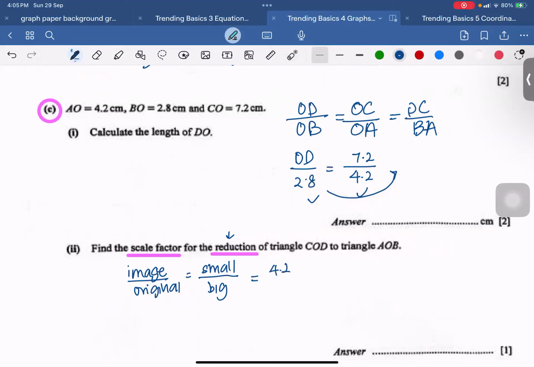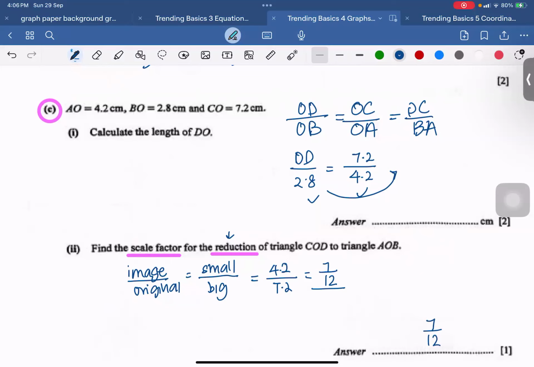So it's 4.2 over 7.2. Simplify the fraction. Can you tell me what this number is? Is it a nice fraction? 7 over 12. Thank you. We leave this as a fraction as it is. Try not to use decimal places. So the scale factor is just 7/12.